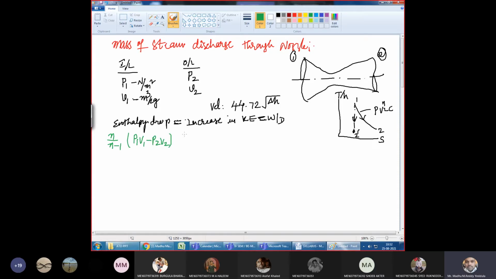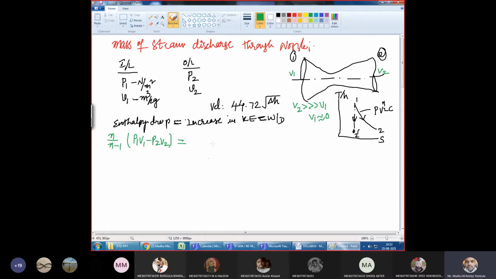Just now you completed TD exams. How can you forget? So that is equal to the increase in the kinetic energy. Let us say this is V1, this is V2. Compared with V2, V1 is very small. Therefore, I can neglect V1 to 0. I can assume the inlet velocity is 0.